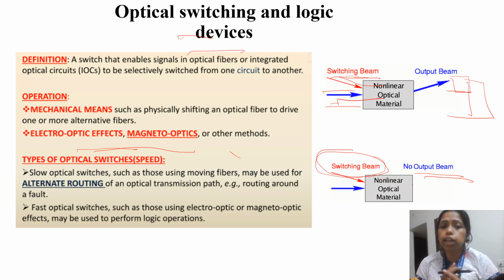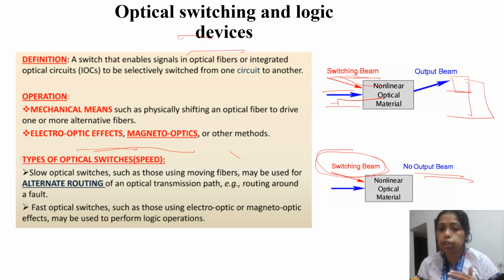Other concepts are the electro-optic effect and the magneto-optic effect. Whatever optical signal is passing through the optical fiber, based on our applications and requirements, we apply an electric field in such a way that it alters the optical signal. This is the electro-optic effect.